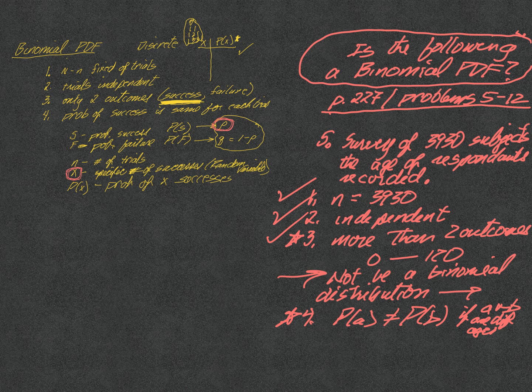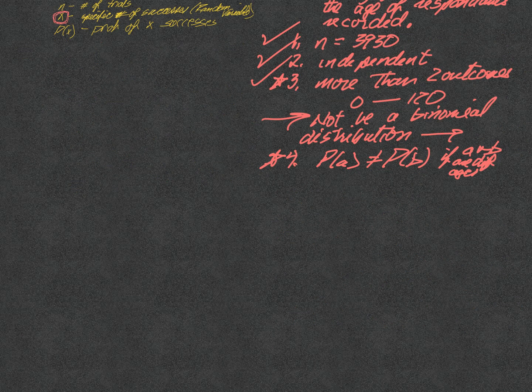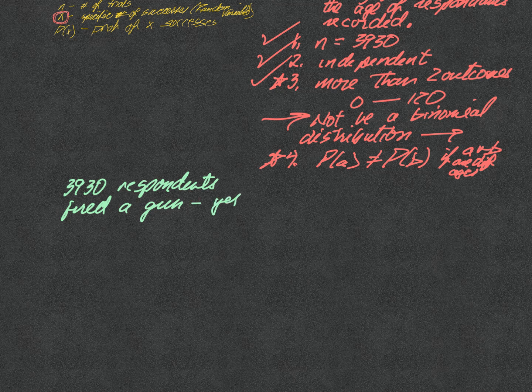So let's go to problem 6. On problem 6, we have the same survey of 3,930 respondents, and they are asked whether they have fired a gun. They only need to answer yes or no. So now we go through it.